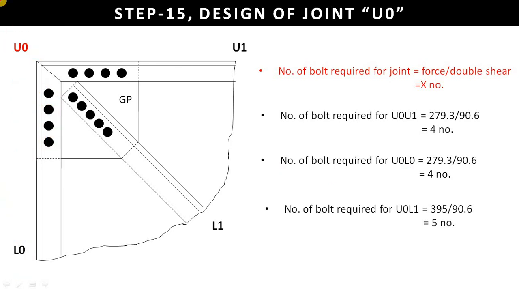Now coming on to the member U0L1, the number of bolts required for U0L1 will be the force in this member divided by double shear. So we have got the number of bolts as 5. So we have provided 5 bolts connecting the GP.